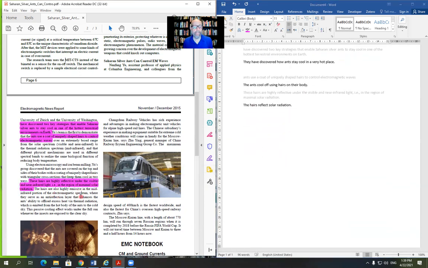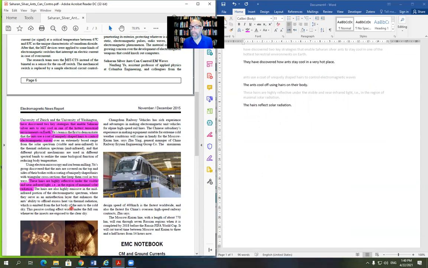Hairs are also highly emissive in the mid-infrared portion of the electromagnetic wave. They serve as an anti-reflection layer that enhances the ant's ability to offload excess heat via thermal radiation, which is emitted from the hot body of the ant to the cold sky.